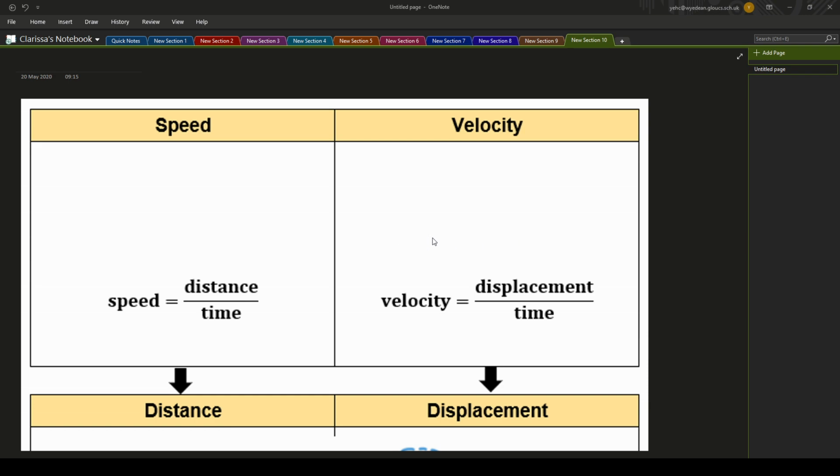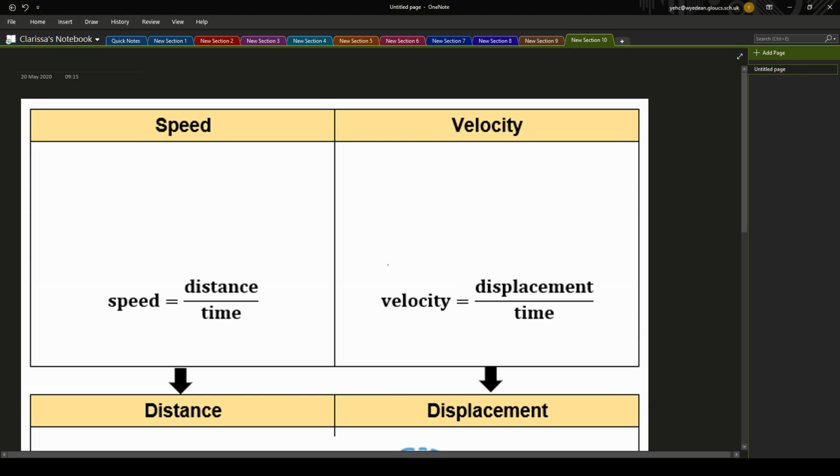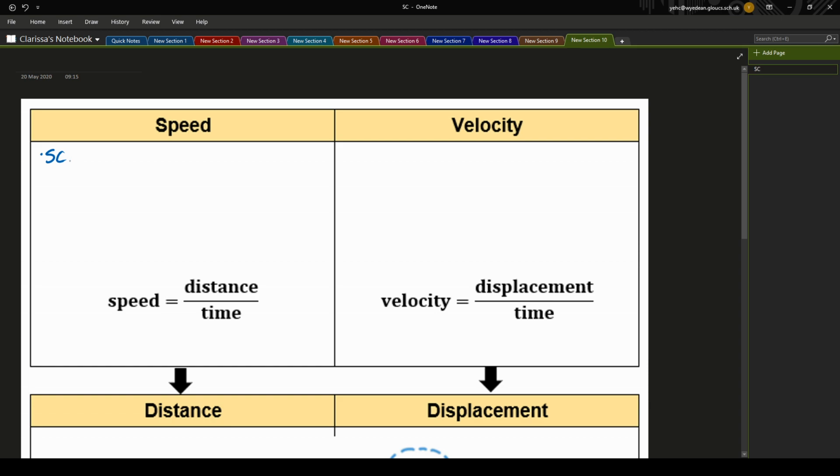Okay, let's get started then. Just as a quick recap, remember that there's something called a scalar quantity and something called a vector quantity. Have a think to see if you can remember the difference between the two. A scalar quantity is a quantity or a measurement that only has magnitude, so how much there is.